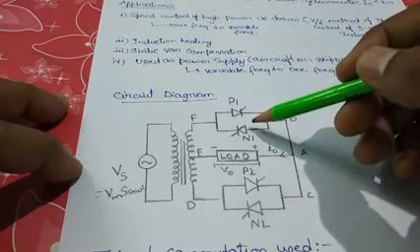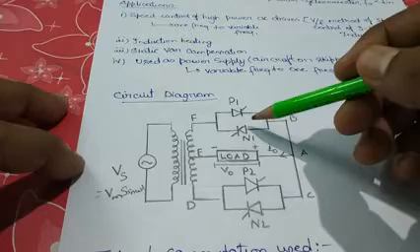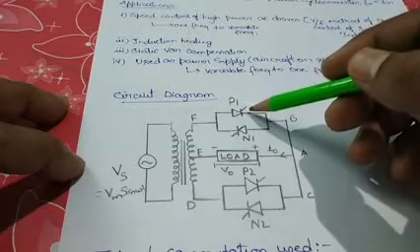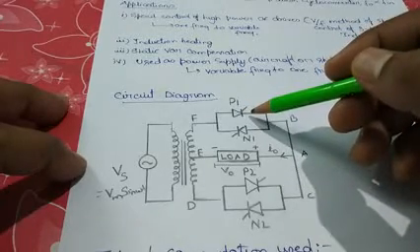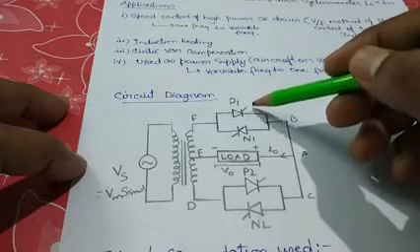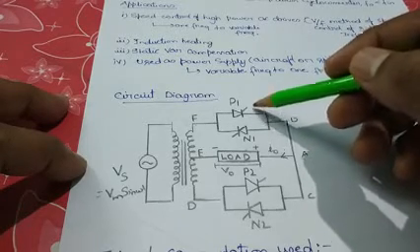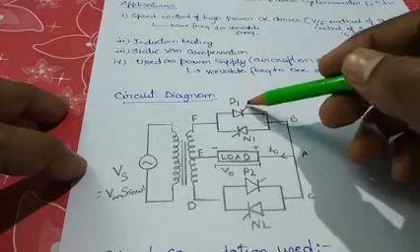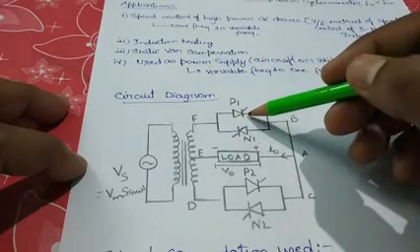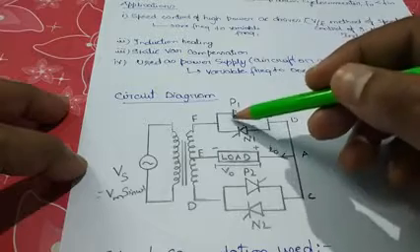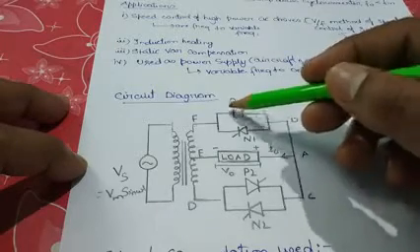Means when we need the thyristor to get turned off, there will be some circuit added here that will forcibly put this thyristor into off condition.